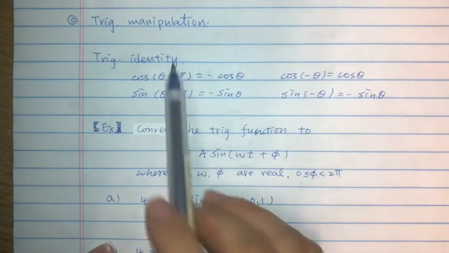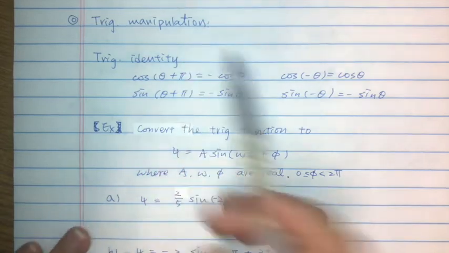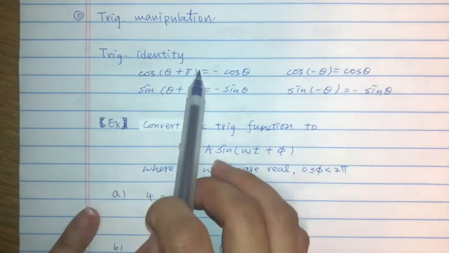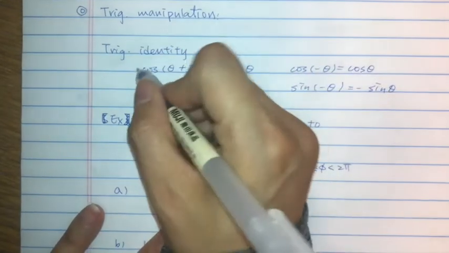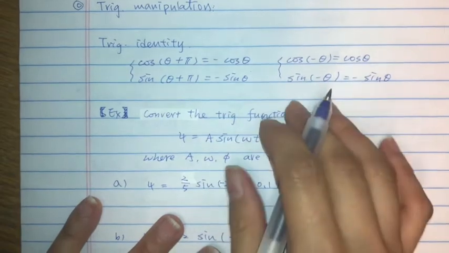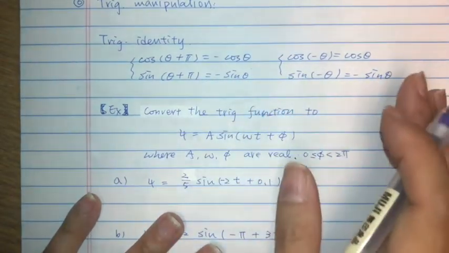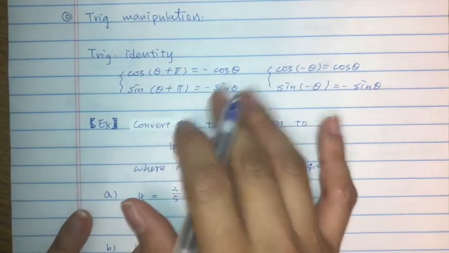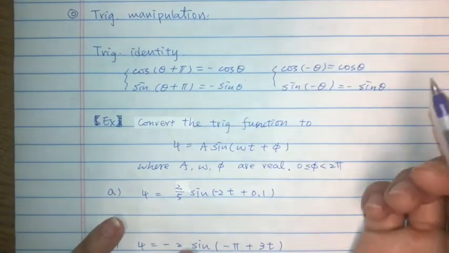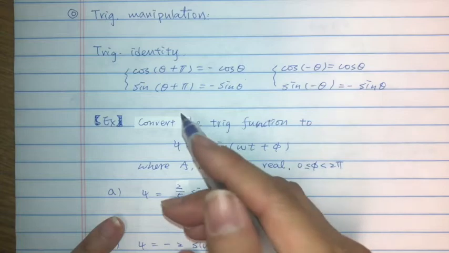To manipulate a trig function, we need to use what we call trig identities. Here I'm just giving you the facts, and hopefully you have learned this in high school. If not, don't worry too much about it. These are just rules or facts that will be given to you, either in the problems or whenever you need them.